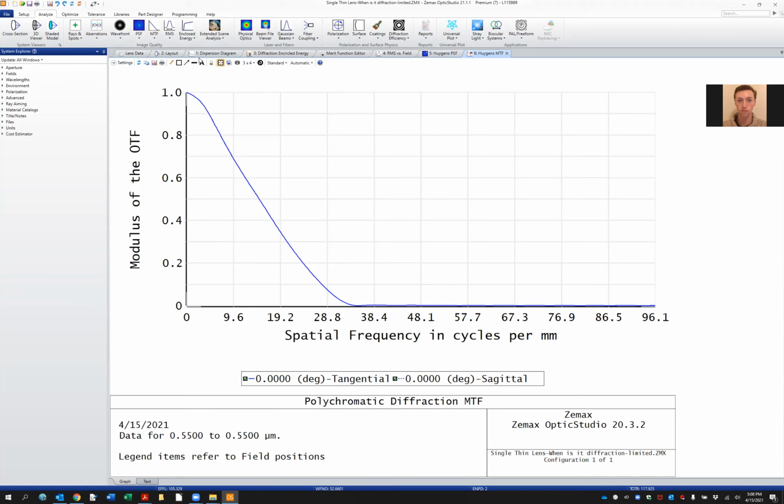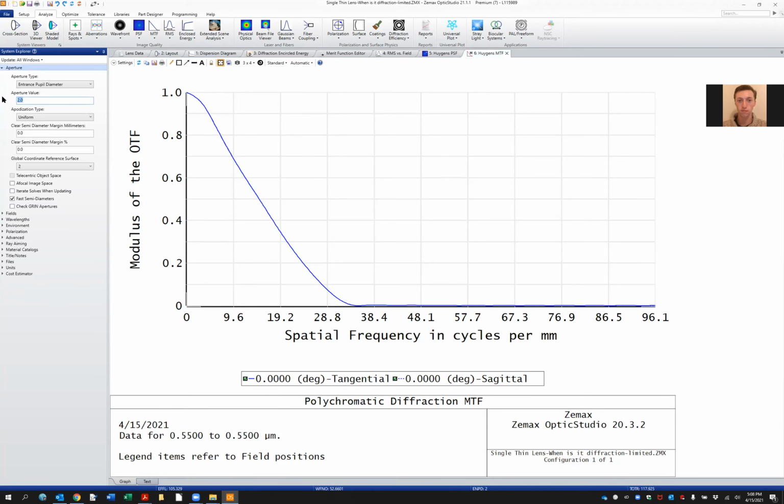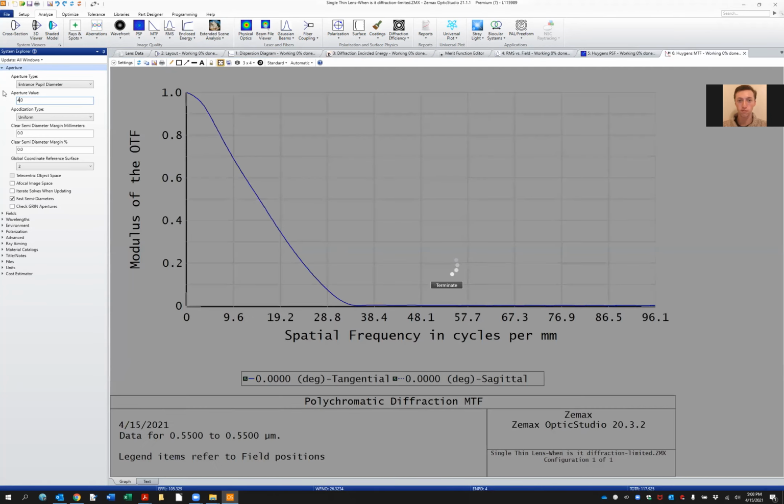The spot size is inversely proportional, so the cutoff should be proportional to aperture, because it's inversely proportional to inversely proportional. So let's see what happens if we double the aperture size.